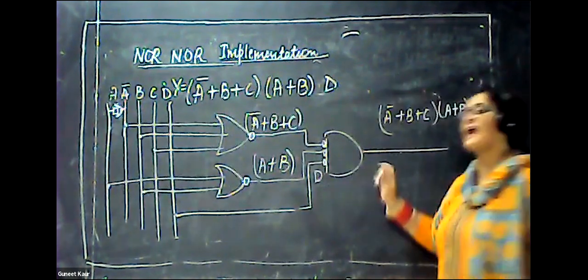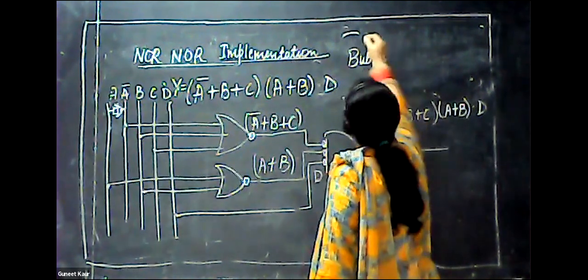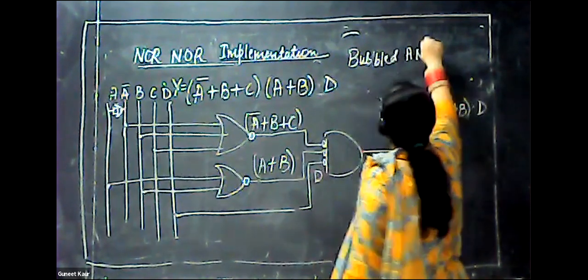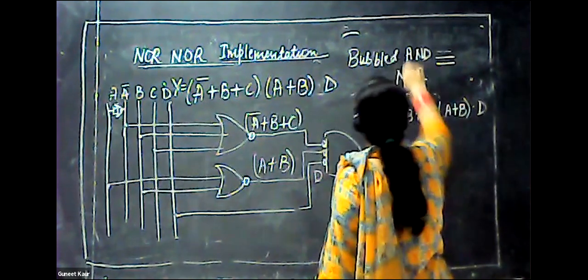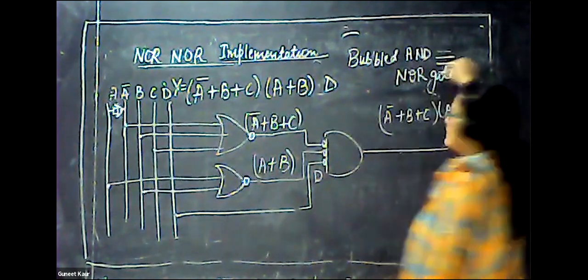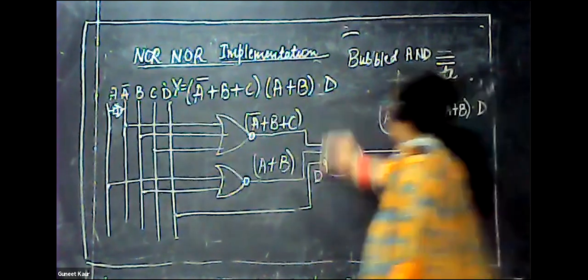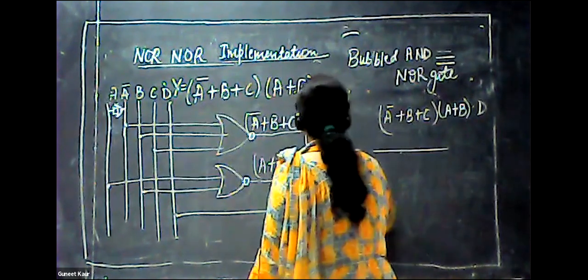Now the bubbled AND gate. You know that your bubbled AND gate is equivalent to your NOR gate. So we will simply replace this by your NOR gate.